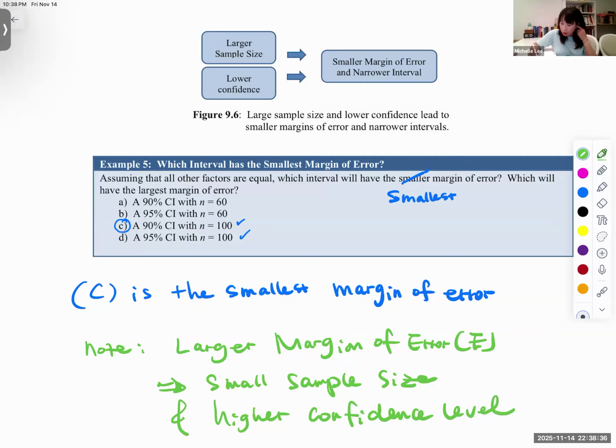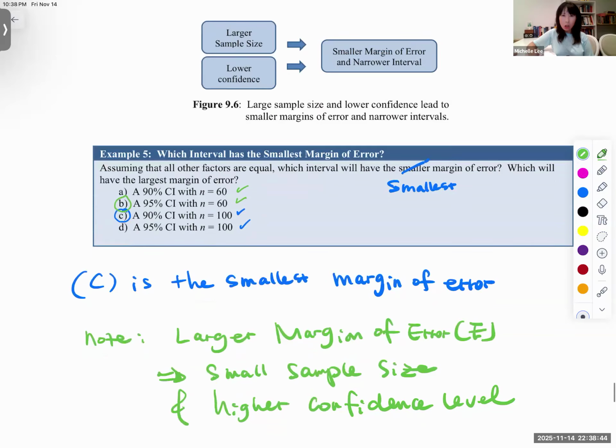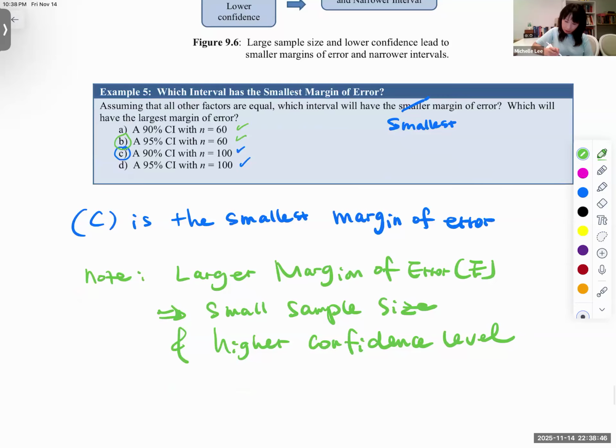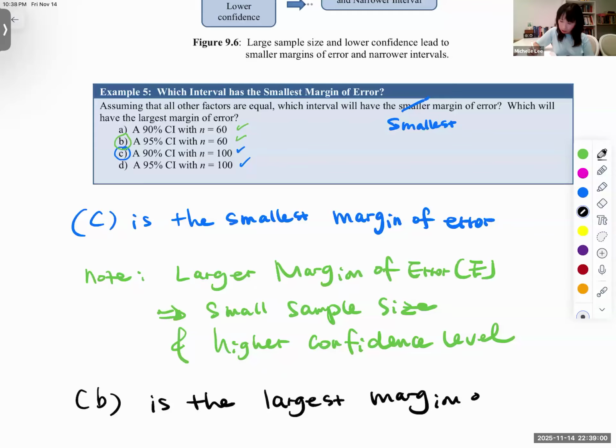Let's take a look. Small sample size, and then higher confidence. Okay, B is the largest margin of error. Yeah, makes sense?